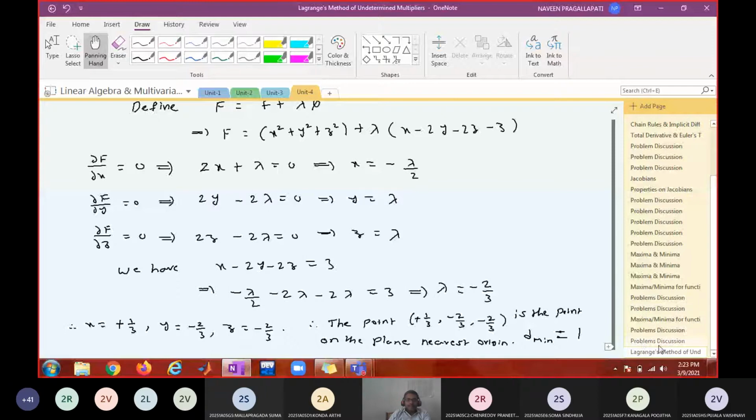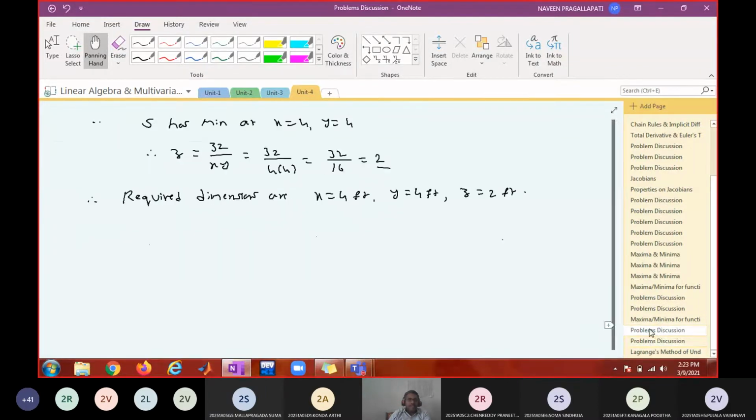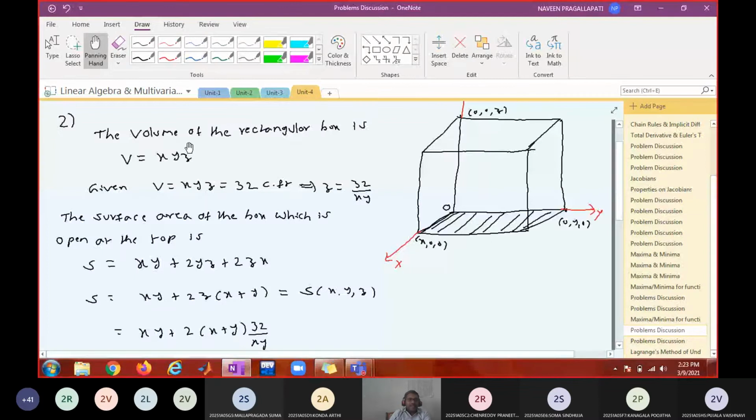Yes, sir. Now let us do this problem also using Lagrange's method. Write down this, whatever problem you did yesterday, please copy it.